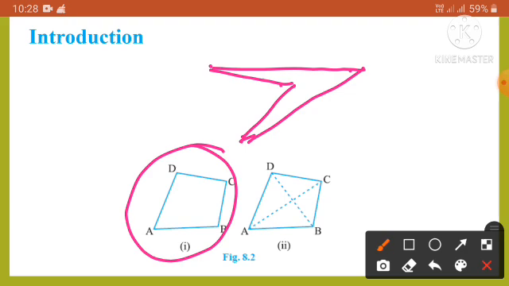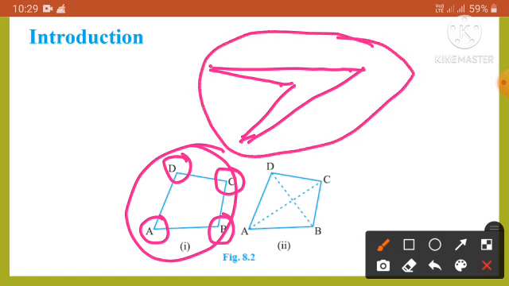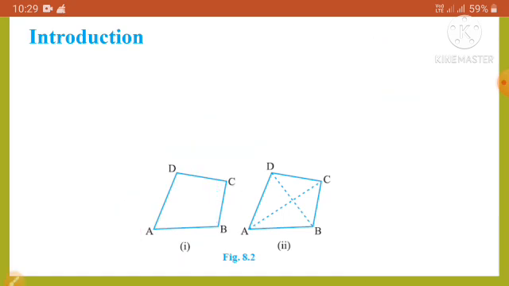A quadrilateral has 4 sides, 4 angles and 4 vertices. Here the vertices are A, B, C, D, so we have 4 vertices. So we cannot assume this figure as a quadrilateral.